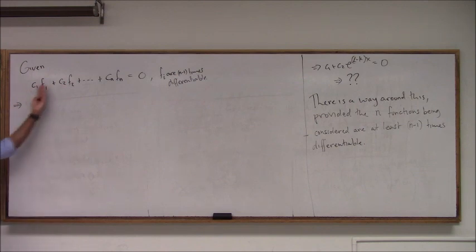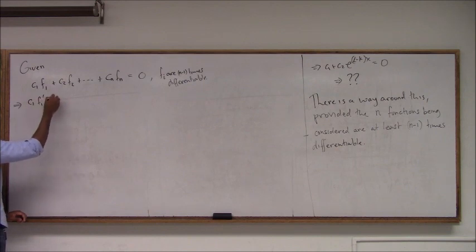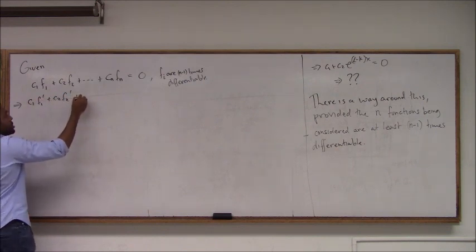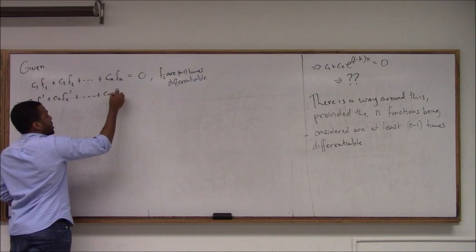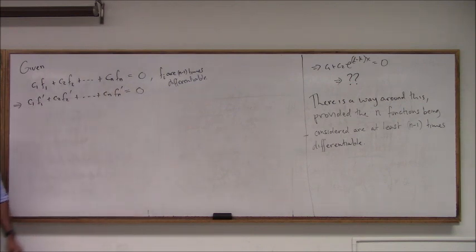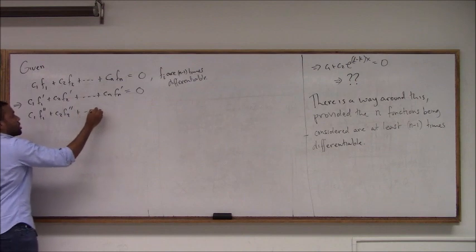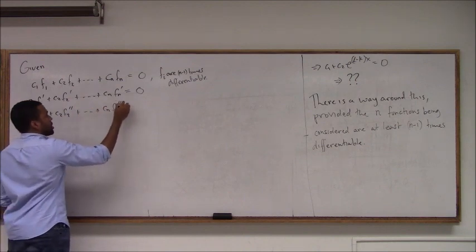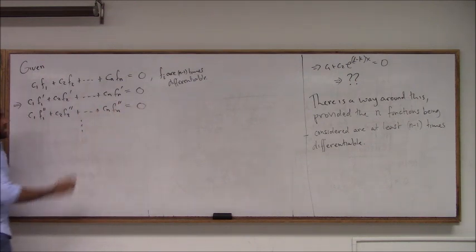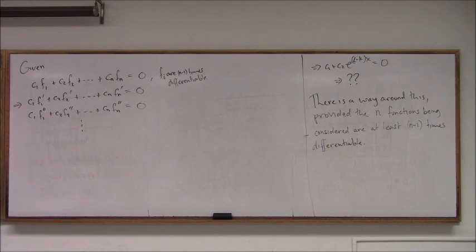Now if I were to take the derivative of this, what would I get? C1 F1 prime plus C2 F2 prime plus Cn Fn prime equals 0. So I do that again, and I continue that n minus 1 times.